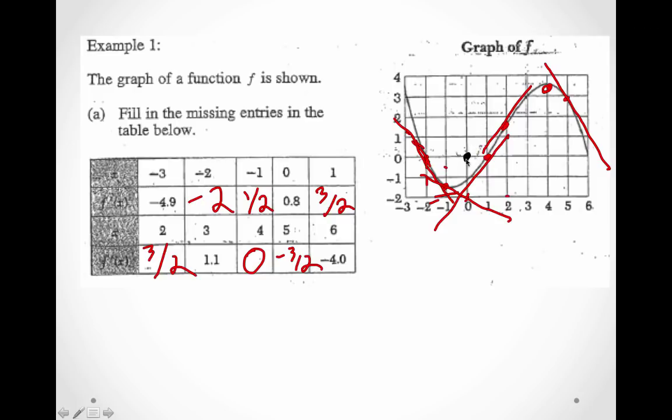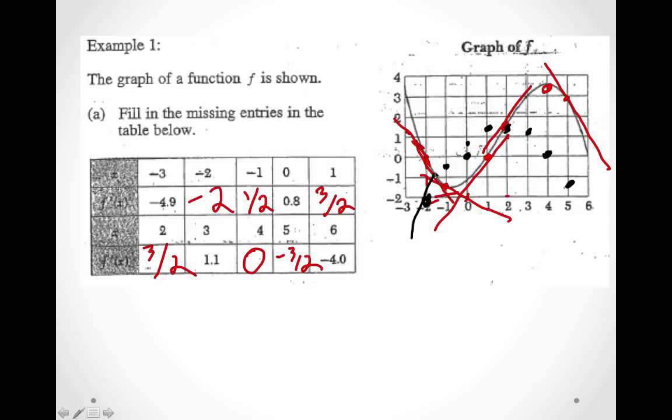So I'm going to plot the negative 2, negative 2, negative 1, 0.5, and 1, 3 over 2, and 2, 3 over 2, and 3, 1.1, and 4, 0, and 5, negative 1.5.